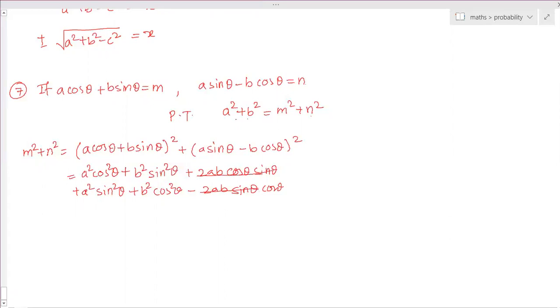This is positive, this is negative, cancelled. Now take a square common, a square into cos square theta plus sin square theta, plus b square common, sin square theta plus cos square theta. So bracket value is 1. So this is a square into 1 plus b square into 1, that is equal to a square plus b square, which is equal to m square plus n square.